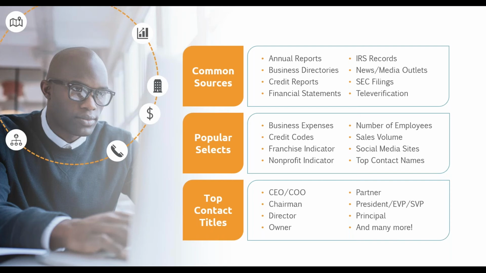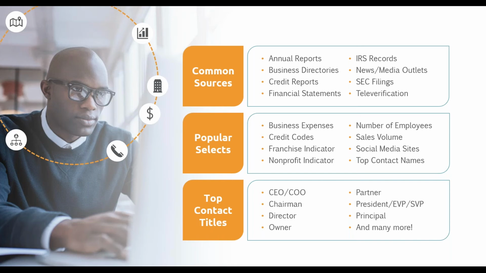Now, when you're working with this type of data, there are some selects that we find are most used. So you're able to filter businesses based on certain types of expenses they have, potentially their advertising expenses or maybe their accounting expenses. We also have that credit information.